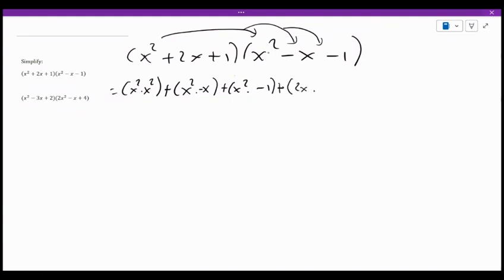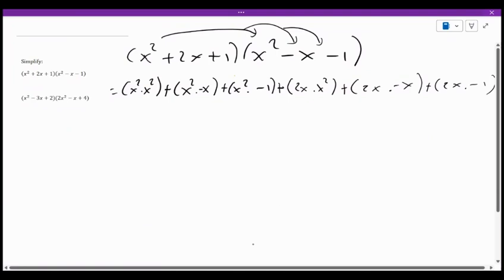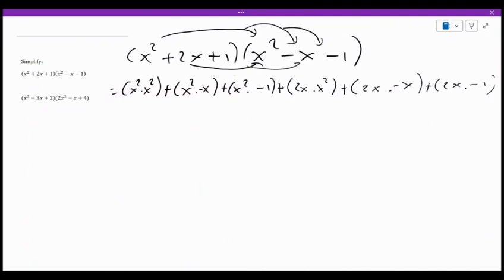Positive 2x times x squared plus positive 2x times negative x plus 2x times negative 1. Right? We got that. 2x multiplied with x squared, negative x, and negative 1. Yes, we got those.